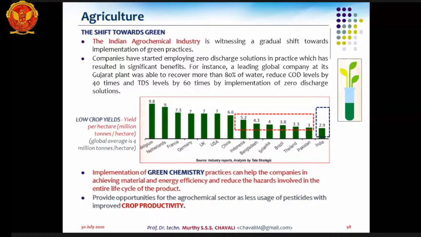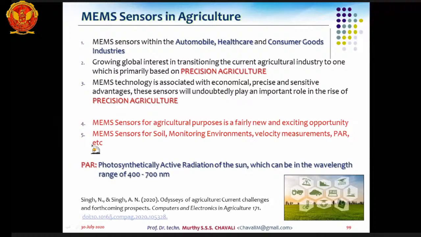So these are smartly directed drip irrigation systems for the plant to take up everything, and also take up fertilizers and other minerals required for the growth of the plant. You need to have higher crop productivity. So two teams are working on these MEMS sensors. One is on productivity increase, the other one is green practices, and the third one is smart usage of water by the plant. And as I said, this is going to lead to precision agriculture.